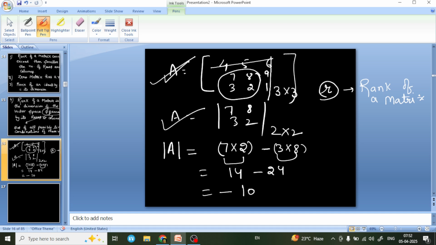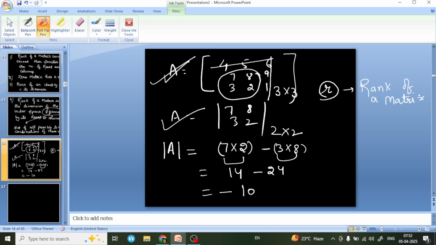Non-zero matrix means a matrix in which not all elements are 0, if there exists at least one minor of order R of A which does not vanish, and every minor of order R plus 1, if any, vanishes.